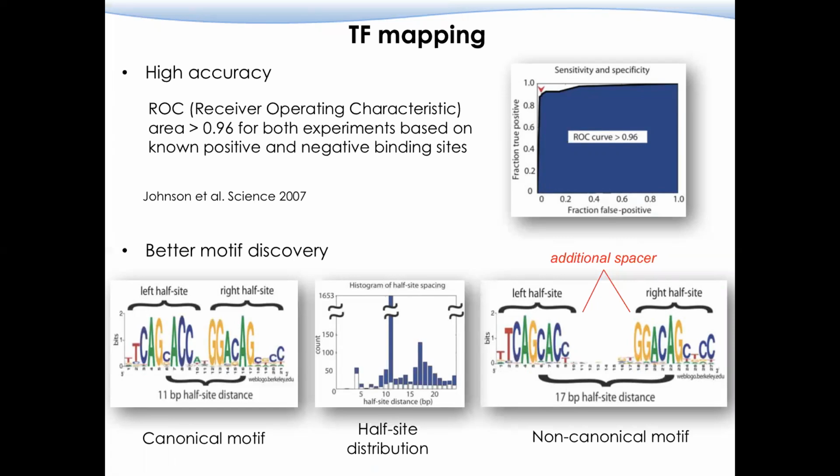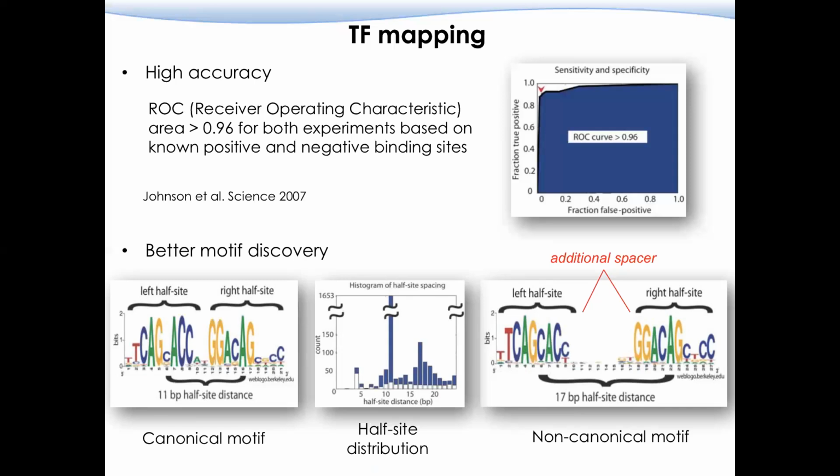People already know this transcription factor has a motif like this. It looks connected, with two parts, a left half and a right half, about 11 base pairs in total, which we call the canonical motif.